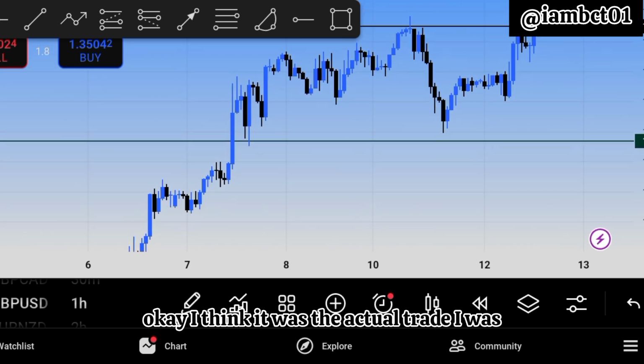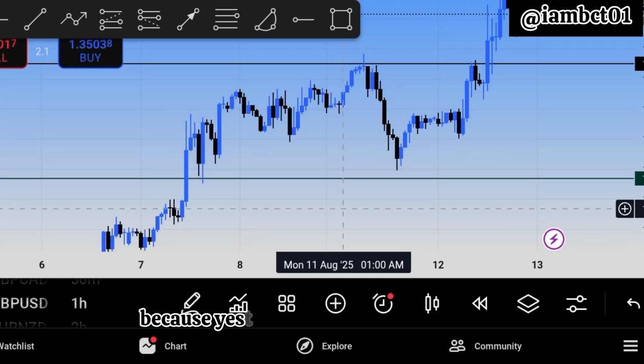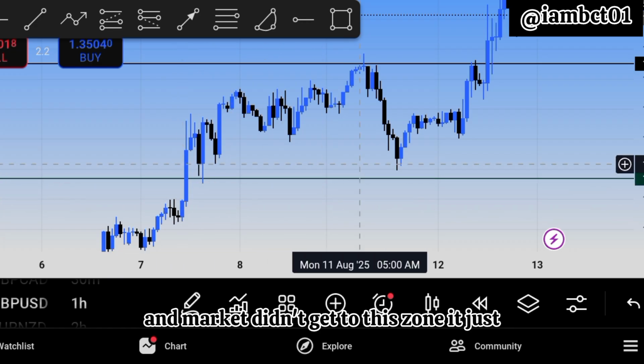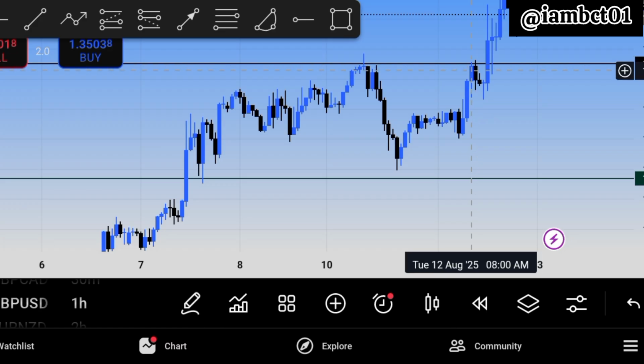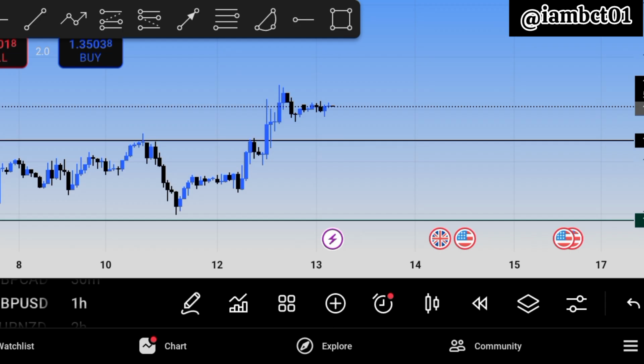Okay, I think it was still the actual trade I was waiting for yesterday. Yeah, because yesterday I had a zone right here and market didn't get to the zone. It just broke up here and left these blocks. So I think this is what we should be waiting for.